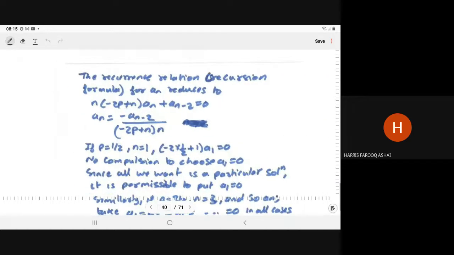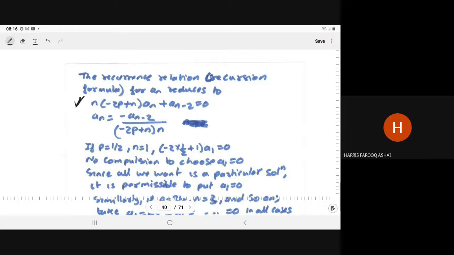Now, where do we have the problem? When p is an integer or p is a half multiple of an odd integer. Here the recurrence relation reduces. When we take the other exponent, the general recurrence relation I have already derived.